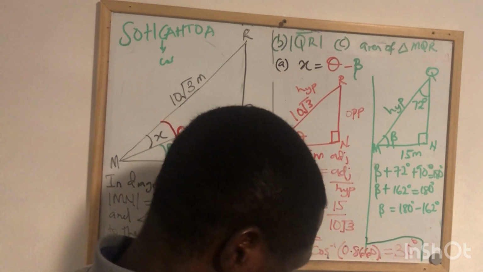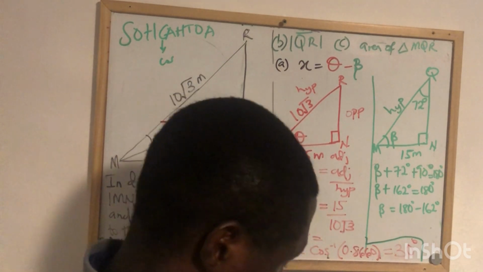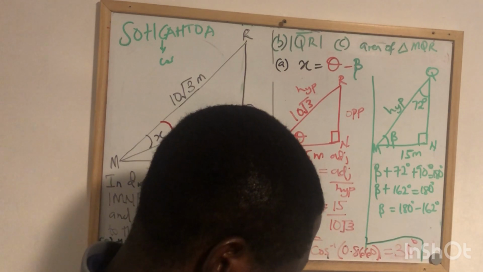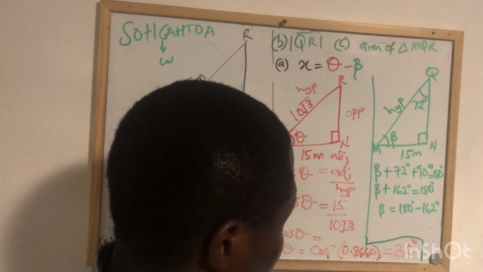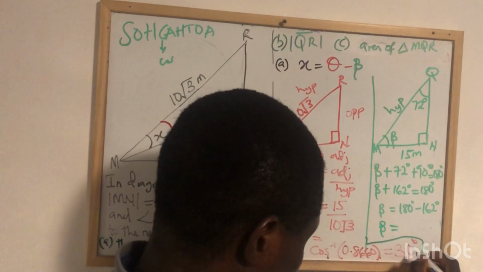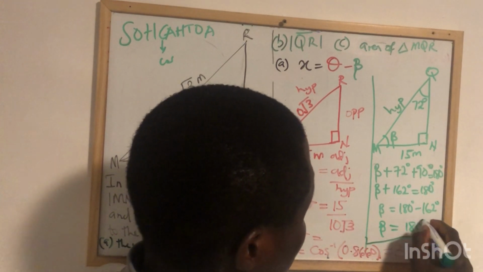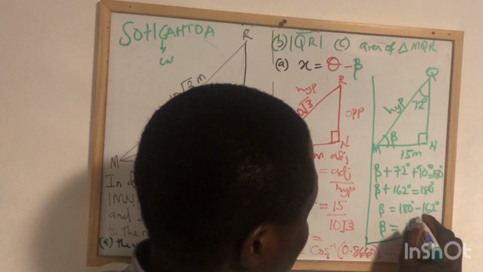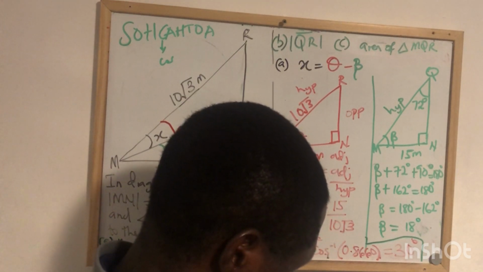So what do we have? 180 minus 162 is 18. Beta is 18 degrees. So that's that.